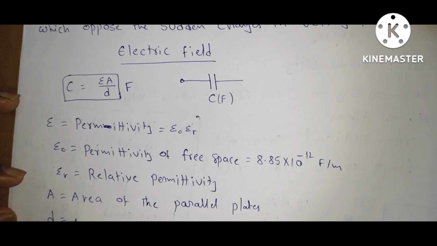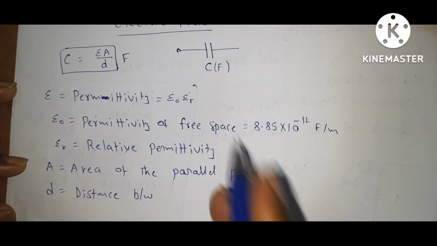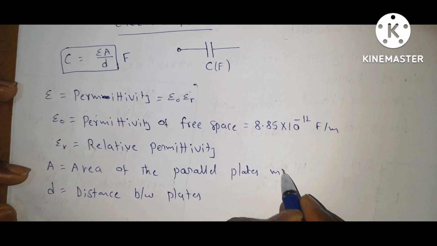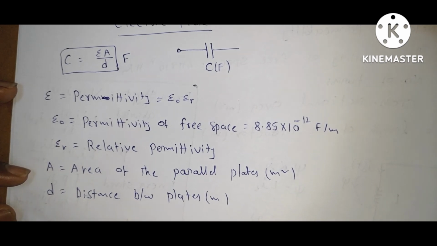D is the distance between these two plates. Same as before, this is meter square and this is meters.